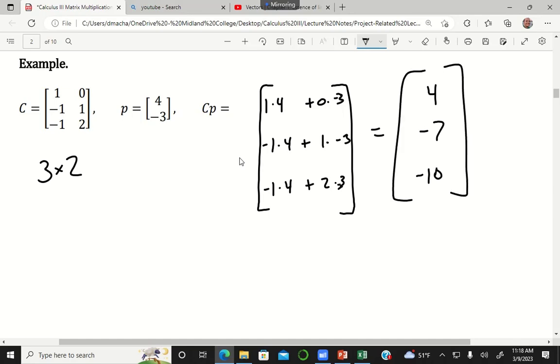And so, I said this before, I'm just going to repeat myself. Matrix vector multiplication means you take the dot products of the rows of the matrix with that vector, and it gives you the entries in your product vector. Every entry of the product vector is just a dot product between the rows of the matrix and the vector.